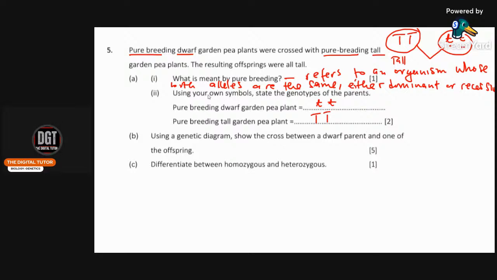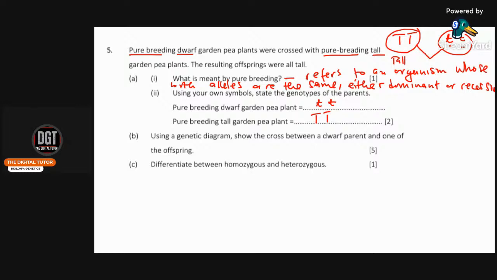Now, in terms of genes, in terms of the genotype, what is the genotype for pure breeding tall in this case and pure breeding dwarf? Dwarf, you know that is recessive, and tall, you know that is dominant.